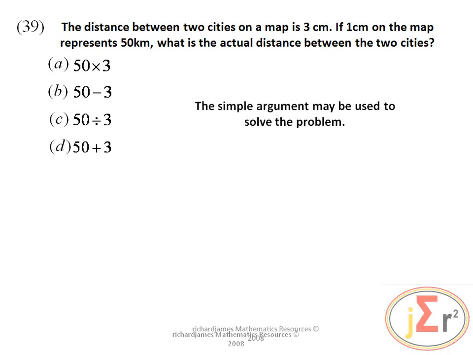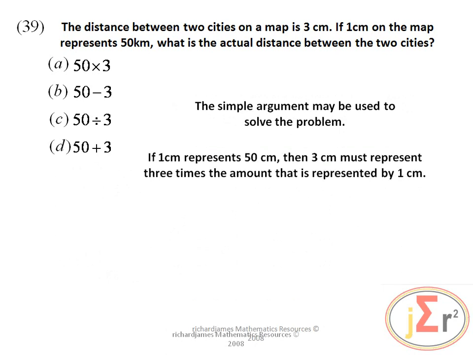The simple argument may be used to solve the problem. If 1 centimeter represents 50 kilometers, then 3 centimeters must represent 3 times the amount that is represented by 1 centimeter. 1 centimeter on the map represents 50 kilometers.